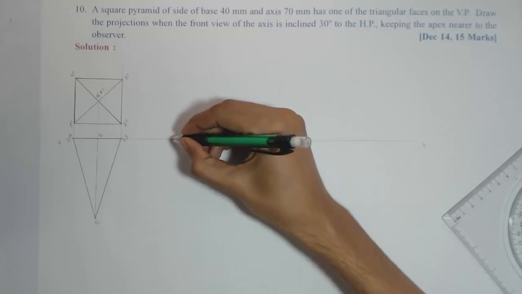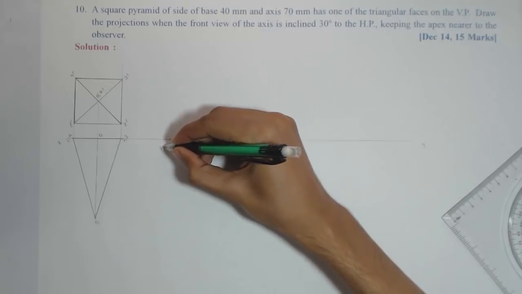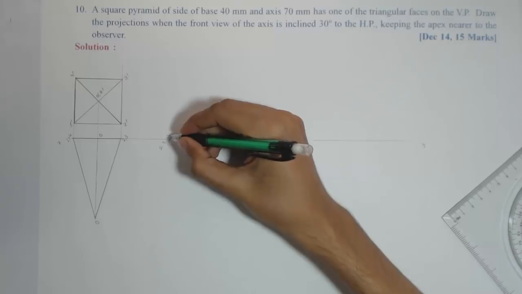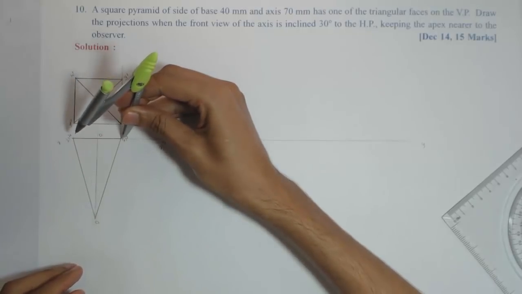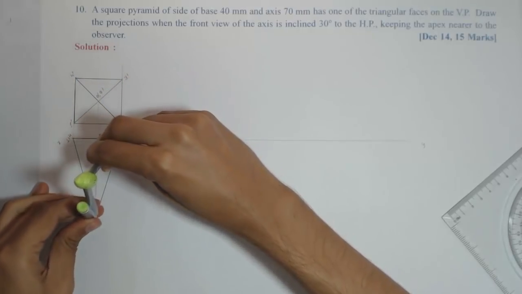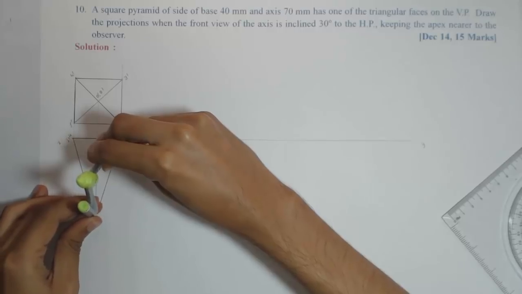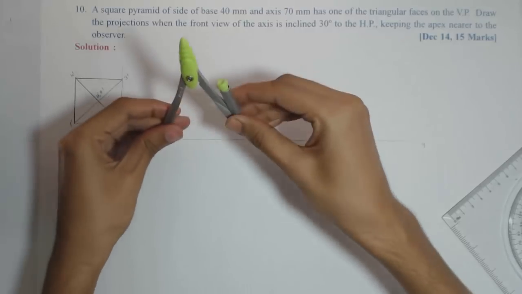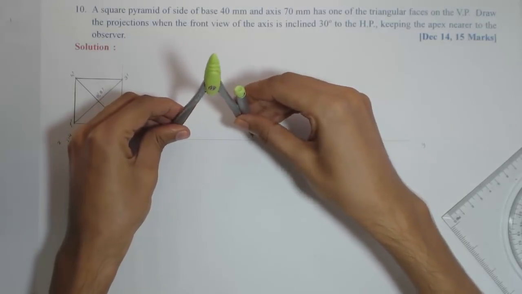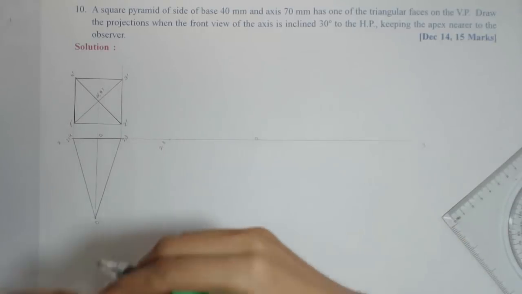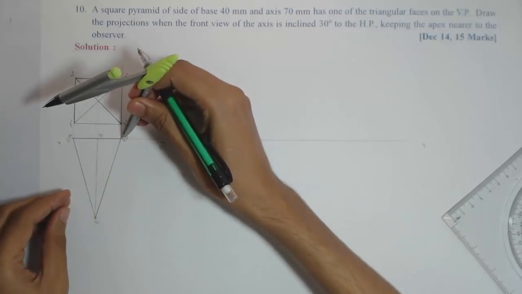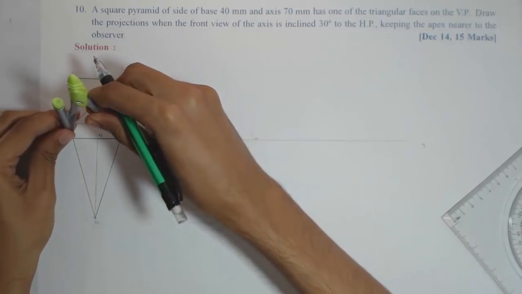So first I'll fix this 2, 3, because this edge should be kept on the VP, and then we'll make that triangular face lie on the VP. So we'll measure that distance and mark it on the XY. So this will give me O. Now we'll complete the triangle by marking other arcs.